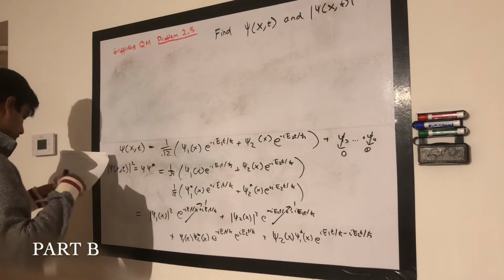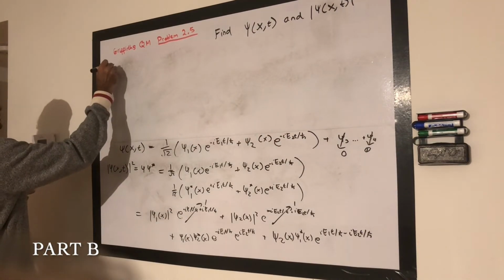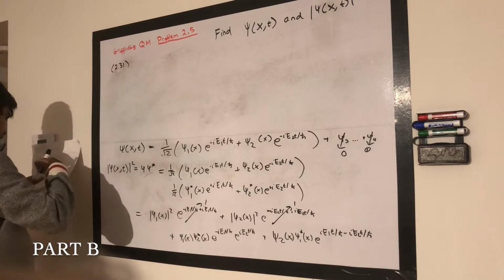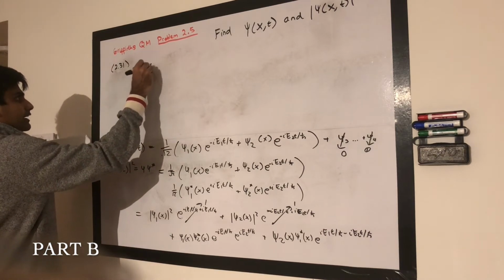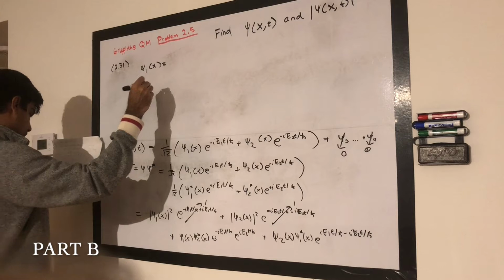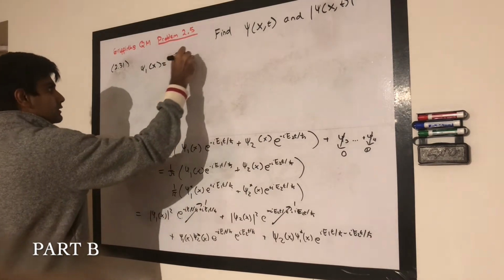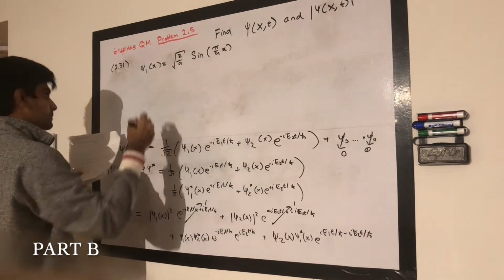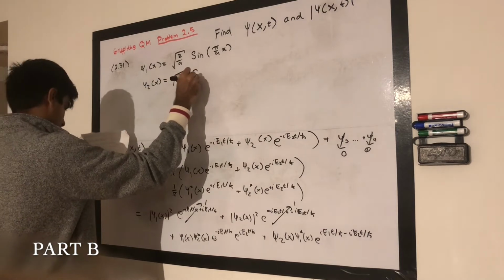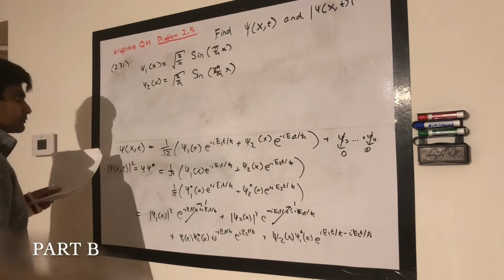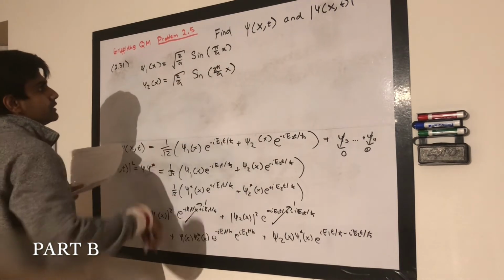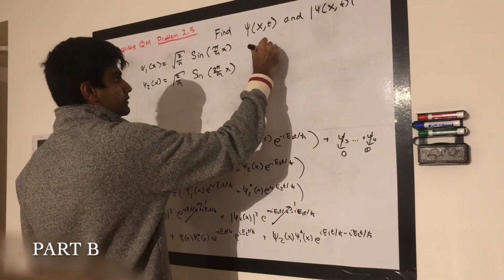So using these values, we're going to also use equation 2.31. And you're going to find that psi 1 of x is equal to, and again, we can just square these to get the norms of them.